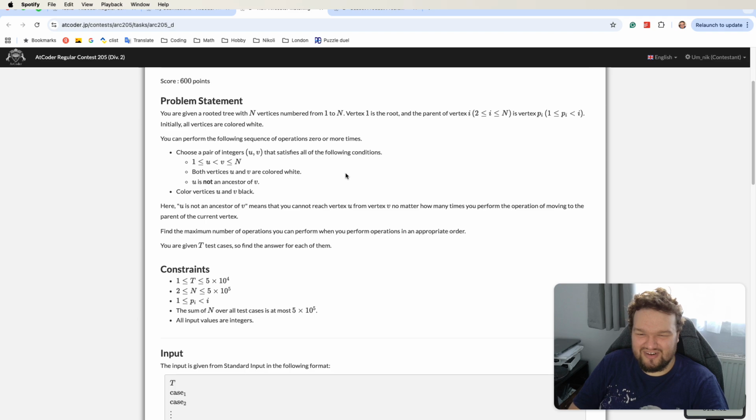We need to find the largest possible set of pairs of vertices that are non-intersecting, because in every operation we take two white vertices and then color them black, so we mark them as used basically. And those vertices in one pair must not be ancestors of one another.